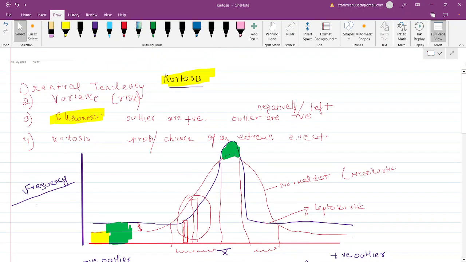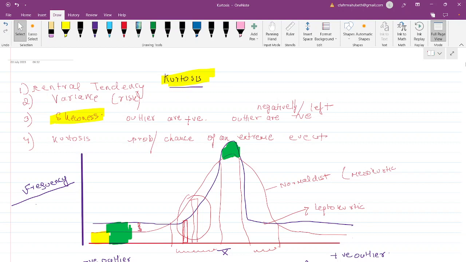Now see, guys, if the distribution of stock returns is negatively skewed and is leptokurtic, then investment in such a particular stock is very, very risky. Why? Because in a negatively skewed distribution, extreme values, outliers, are going to be below the mean. They are going to be significantly less than the other observations in the distribution.